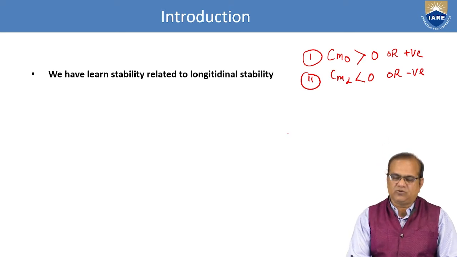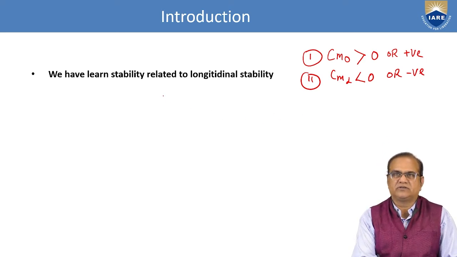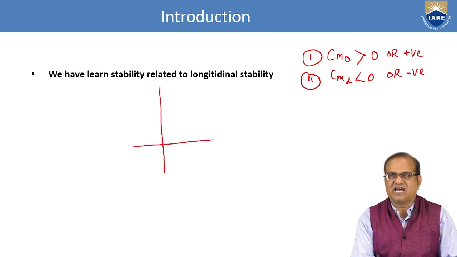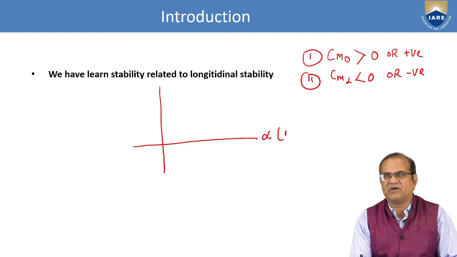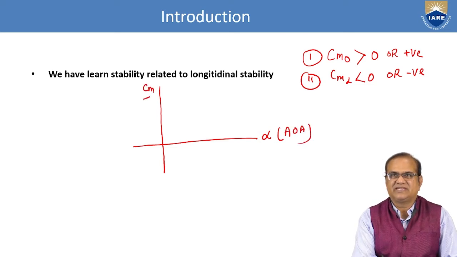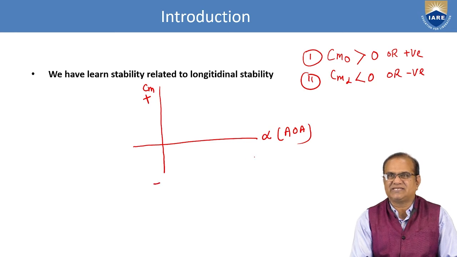If I try to draw the plot of Cm versus alpha, alpha means angle of attack, and this is the Cm, this side plus, this side minus.